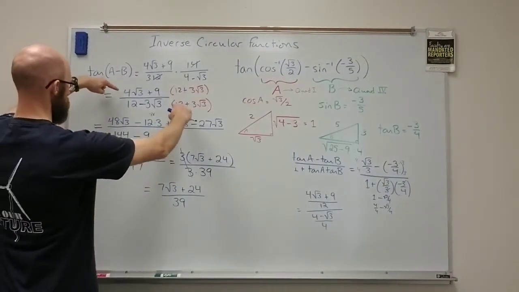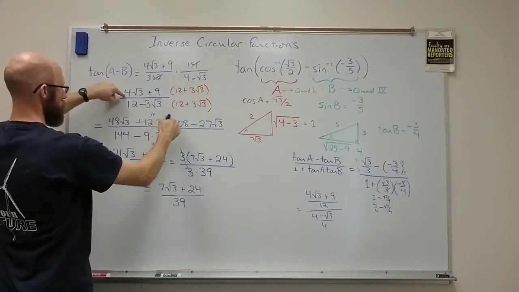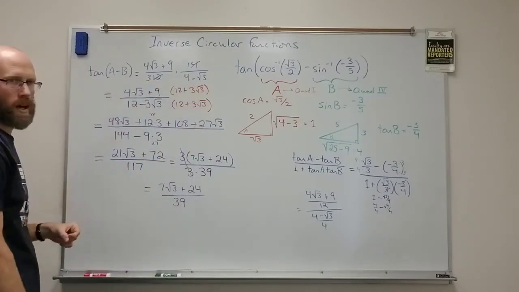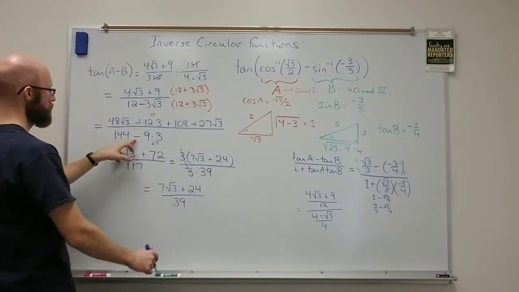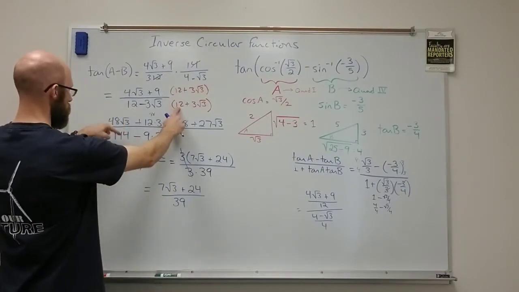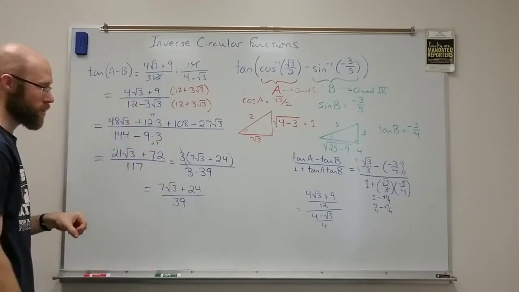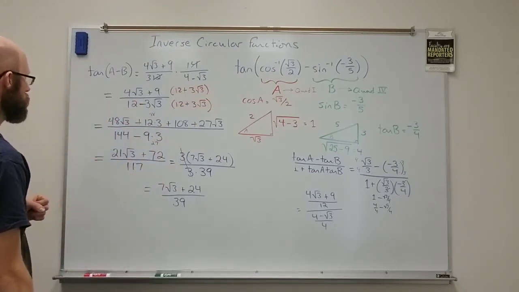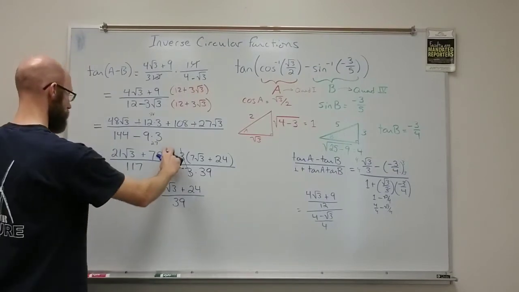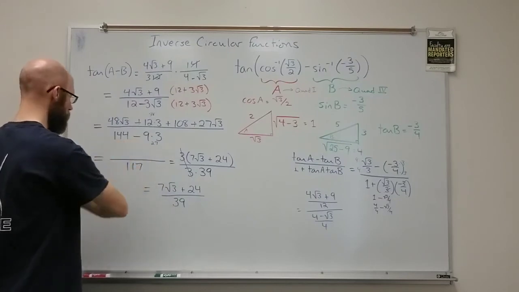So let's see, still positive, that's going to be positive, that's positive, that's going to be positive now. So just change two signs there. And on the bottom, it didn't change anything. I still get 144, the middle terms cancel, and that's negative. So that bottom actually ends up okay. So that's why the 39 was the same. That makes sense.